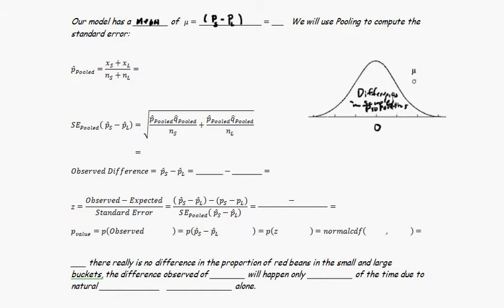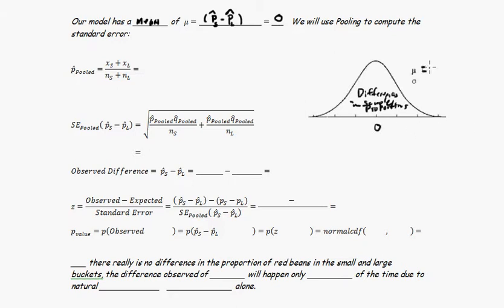So this is what we are expecting. So we have to put hats on these because we're really building a model of what we expect if we sample over and over again and get lots of differences. Okay, and then that center is 0. That's an extension of the null hypothesis, that this is 0.